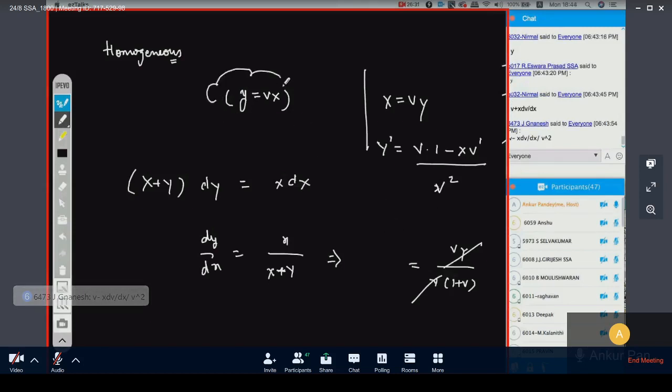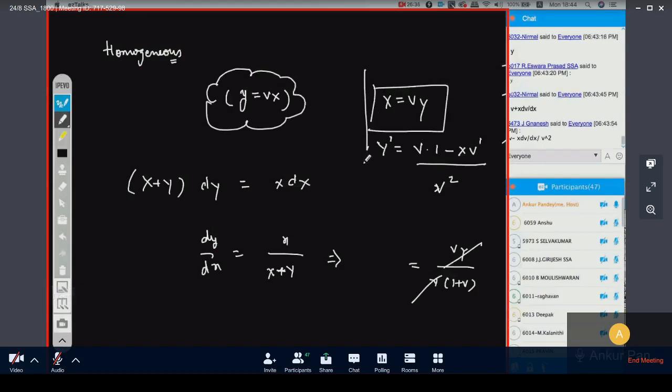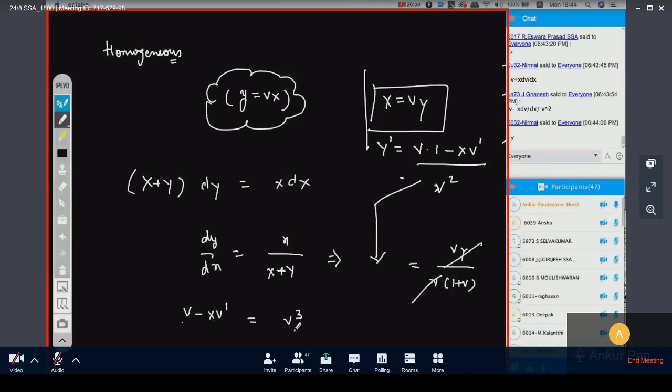We have substituted this one. So you have to now write it here. So you get v minus x v dash is equal to v cube upon 1 plus v. Got it?